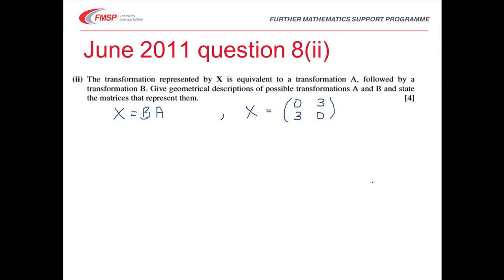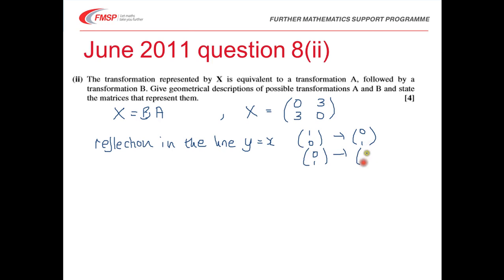So hopefully you will see that there was a reflection involved, and in fact it was a reflection in the line y equals x. So when we reflect in the line y equals x, 1, 0, remember, is mapped onto 0, 1, and 0, 1 is mapped on to 1, 0.